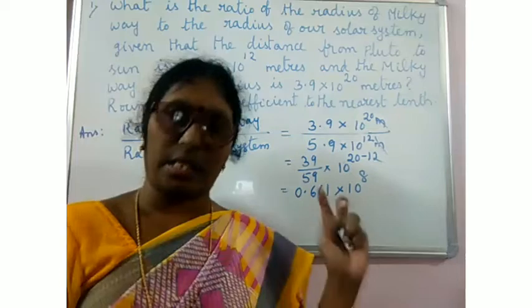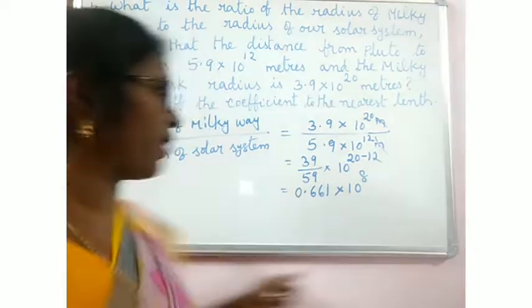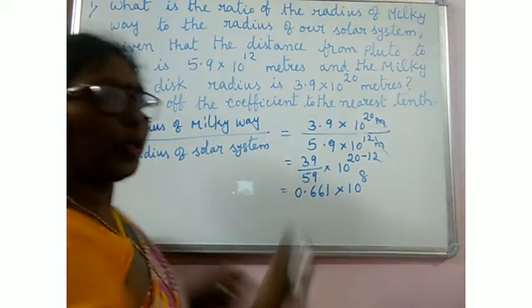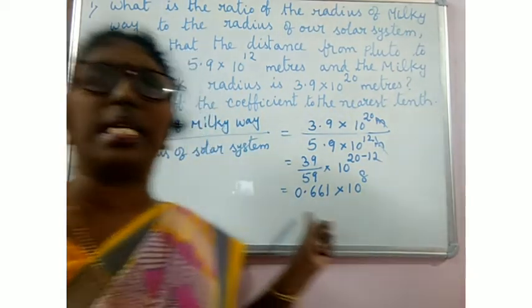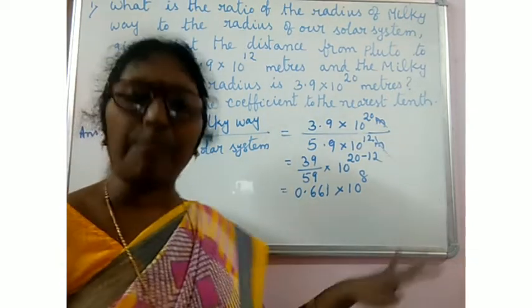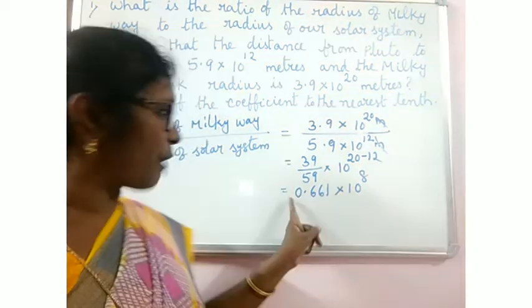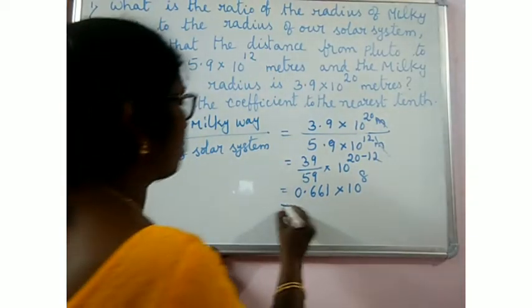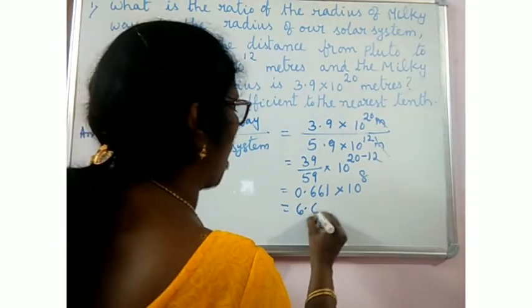First of all, let us show it in scientific notation. That means after 6 we have to put the decimal. You know that expressing a number in scientific notation means, from this side, after one non-zero digit, not after 0, you have to put a decimal. You will have 6.61.